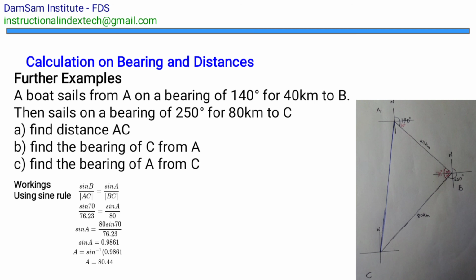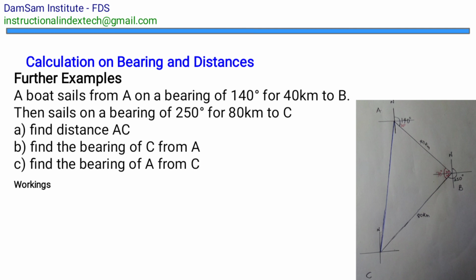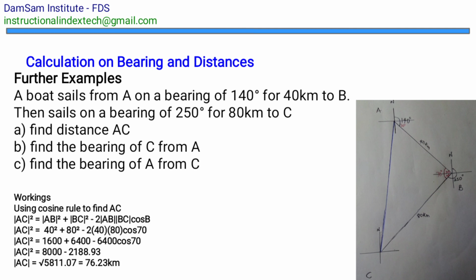So also, we're already given, we know what the angle at point B is: 70 degrees. And it is directly facing what we just calculated, which is 76.23. Please do not forget that that was what we calculated not long ago, 76.23.